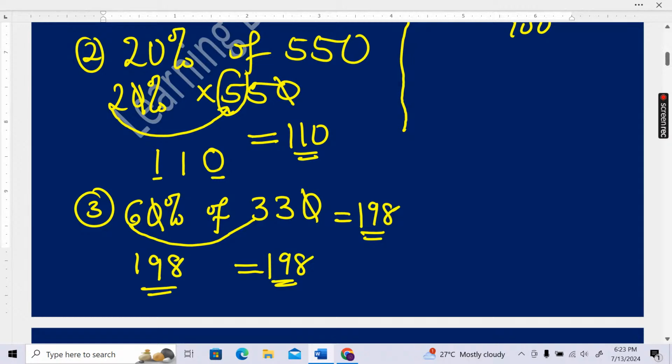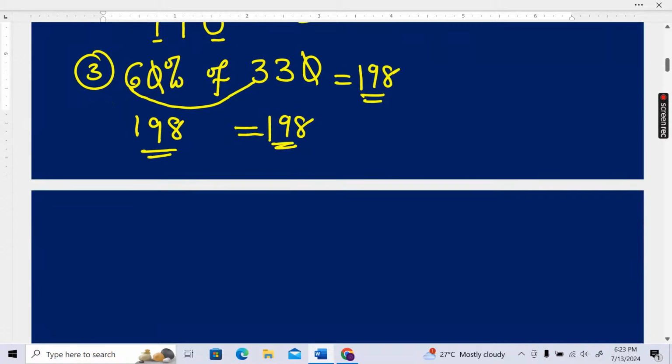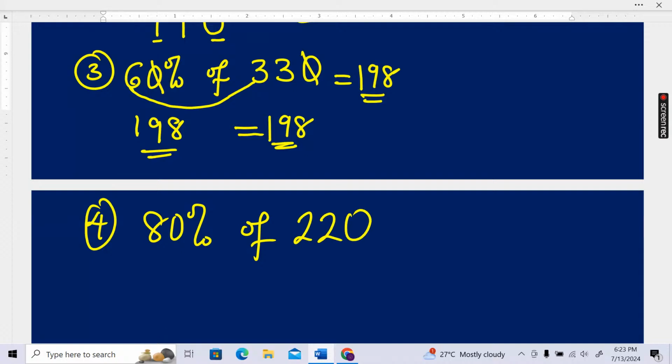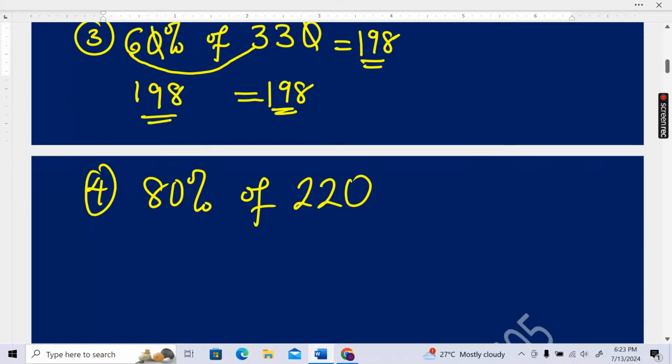Awesome. So let's look at another example. And after this example, it will be your turn. What is 80% of 220?